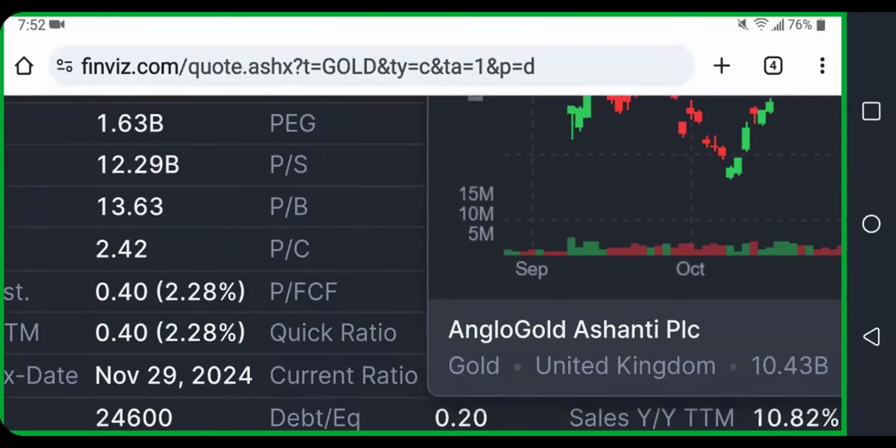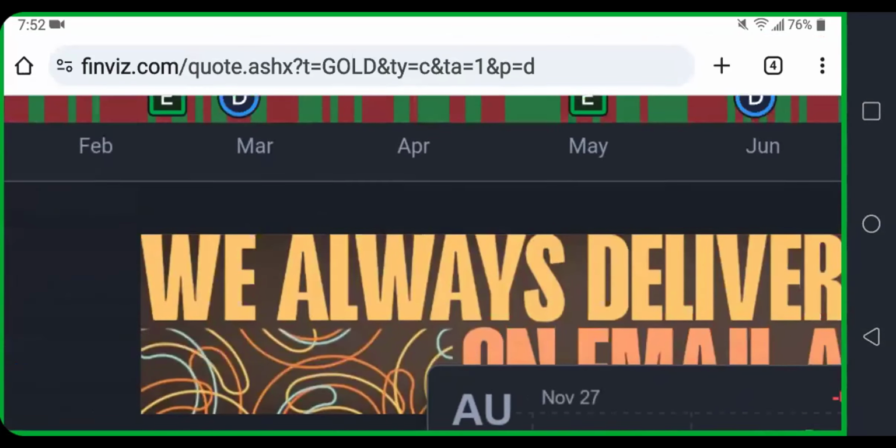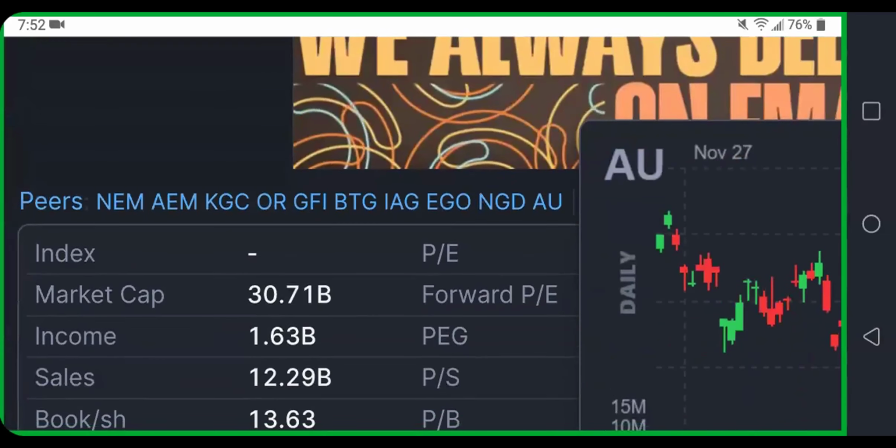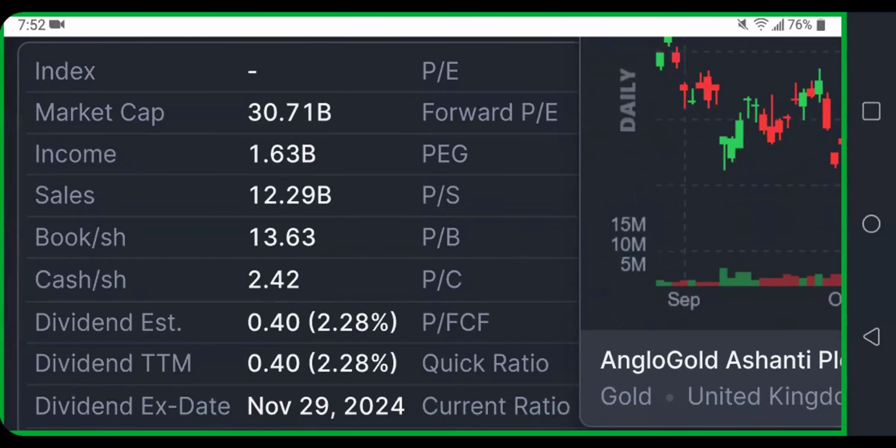One more thing that I noticed is this: they just got downgraded, but the other one was upgraded.